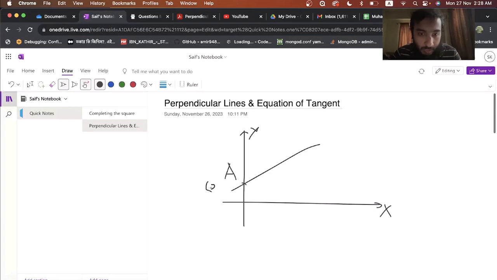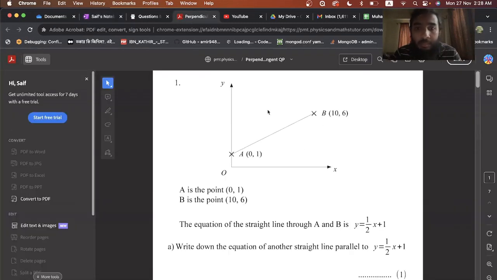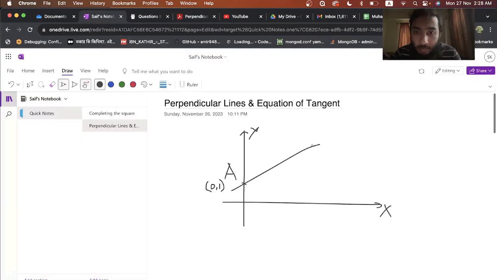So it has the coordinate of 0 and 1, and let's say this point is B, and it has a coordinate of 10 and 6.